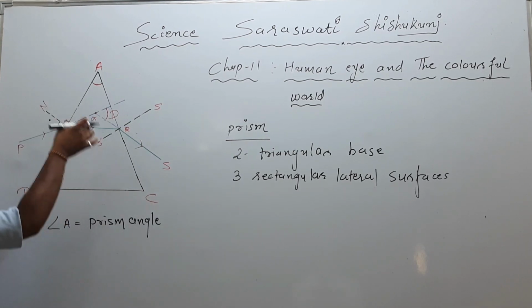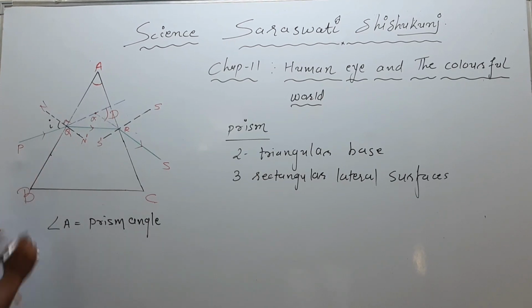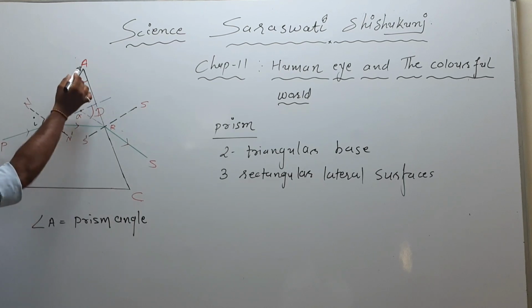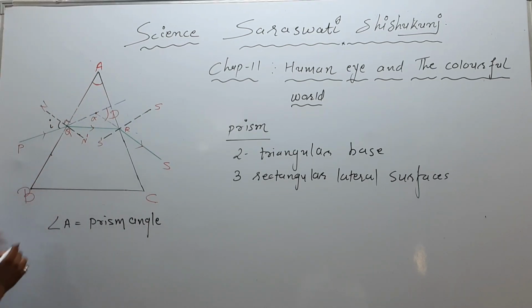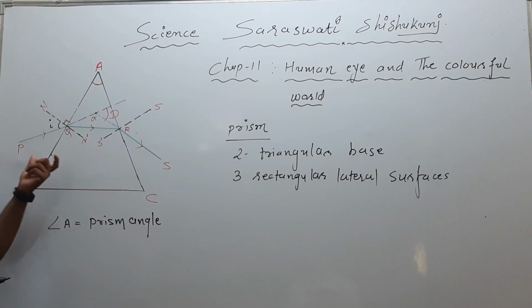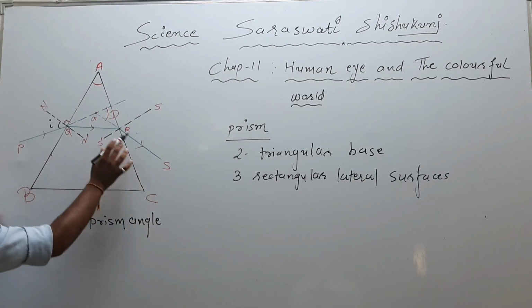In this figure PQ is my incident ray for surface AB. QR is the ray which passes through the medium of the prism, and RS is the emergent ray.